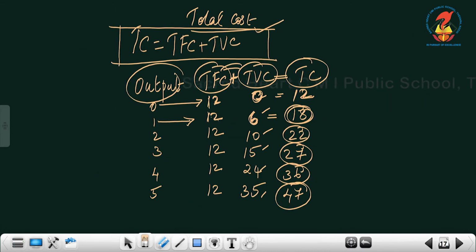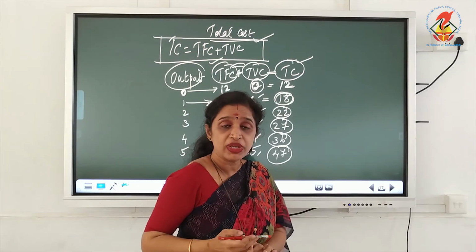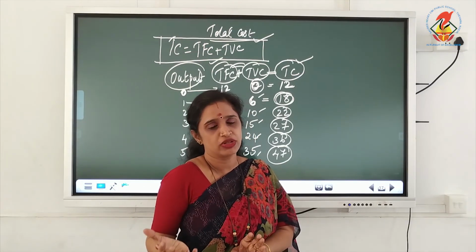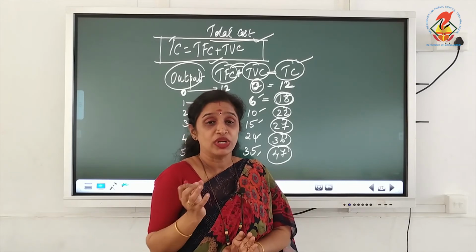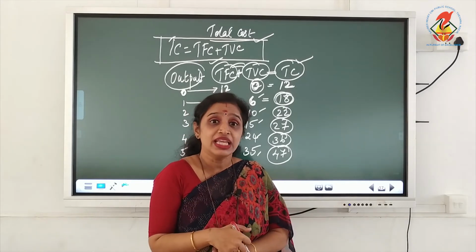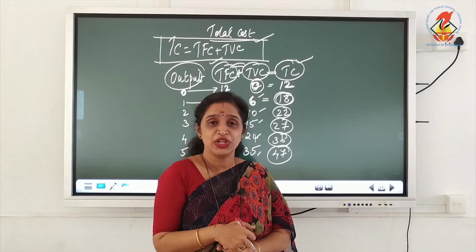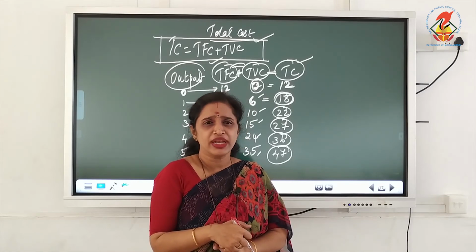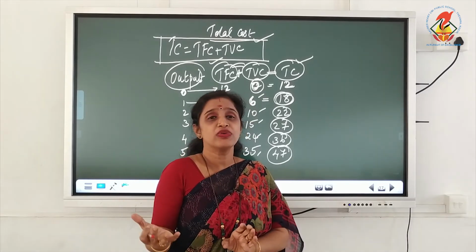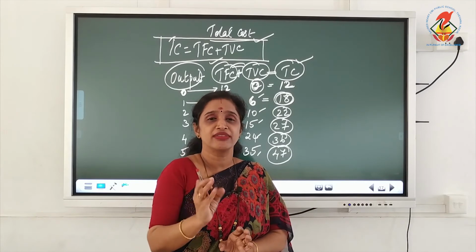Now, look at the table. At zero level of output, we can find both TFC and TC are equal, but TVC is 0. Why is TVC 0? Because nothing is produced, therefore there won't be any cost. Now TFC is there. What is that? Initial investment cost. I told you, even before producing anything, there will be a machine and there will be a building.